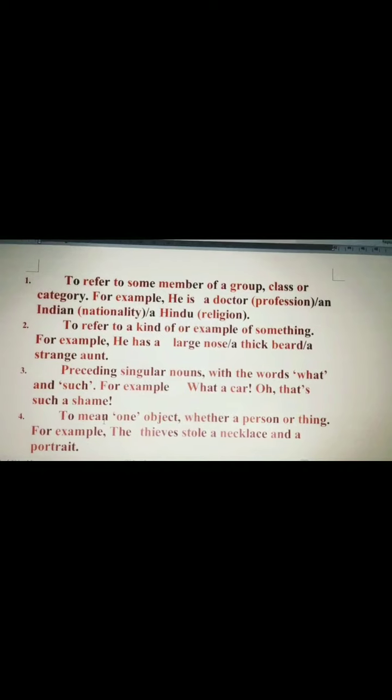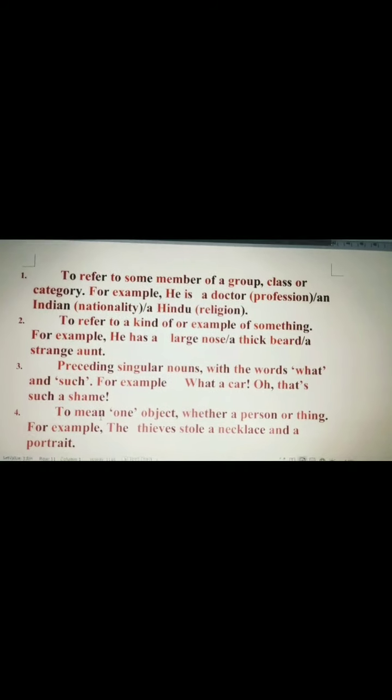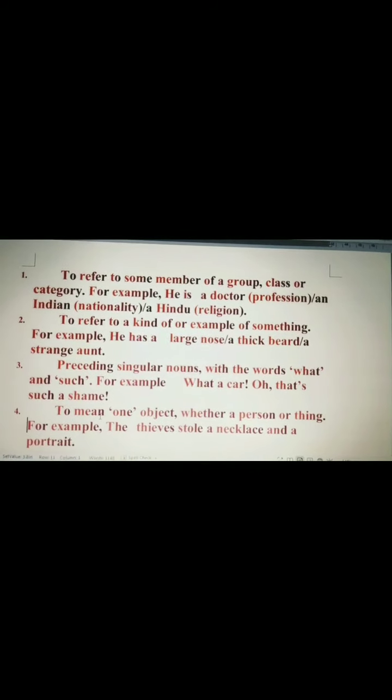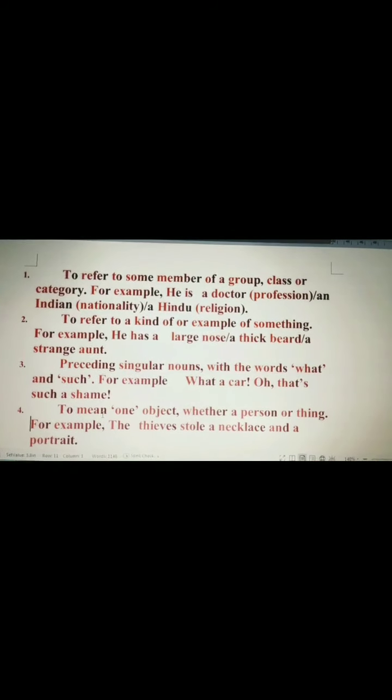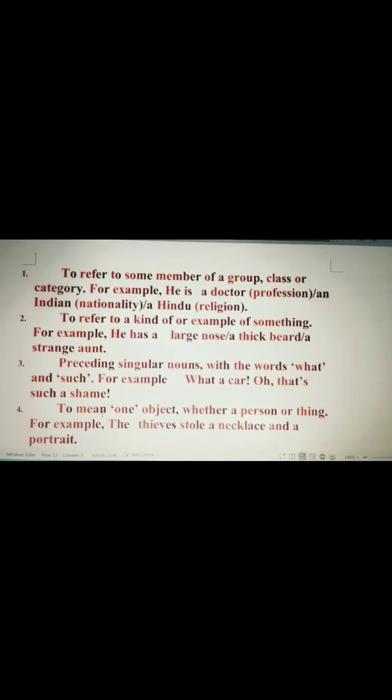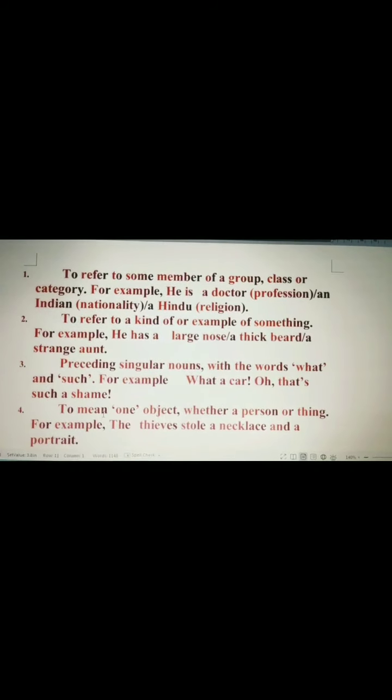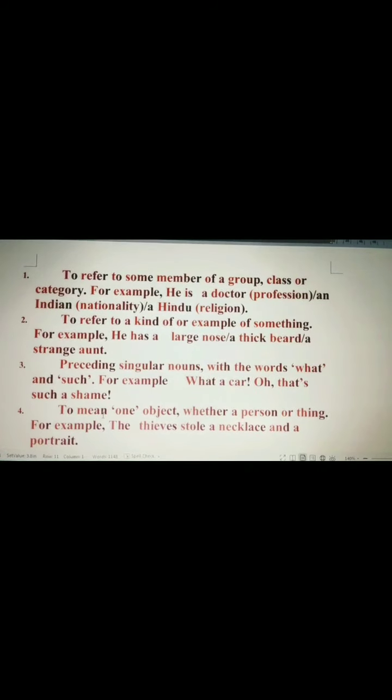A or An accordingly. The next one, if we talk about when you are referring to one particular object, person or a thing, then also you are going to use A or An accordingly. For example, here it is given, the thieves stole a necklace and a portrait.